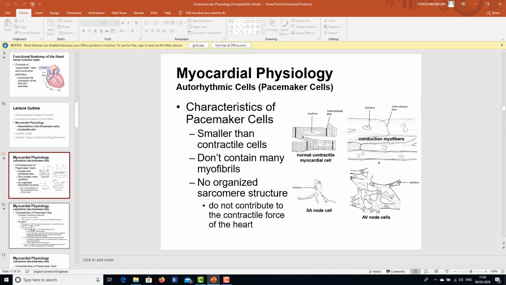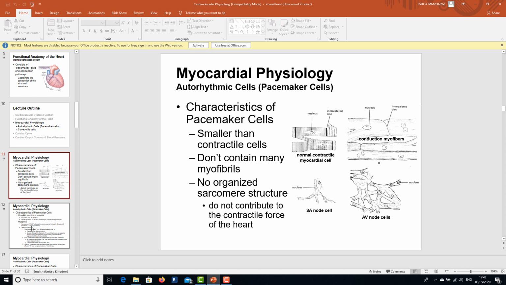Now let's talk about the autorhythmic cells first of all, the pacemaker cells. What are the characteristics and how do they differ? Normally they are smaller than the contractile cardiac cells. They don't contain many myofibrils. There is no organized sarcomere structure.